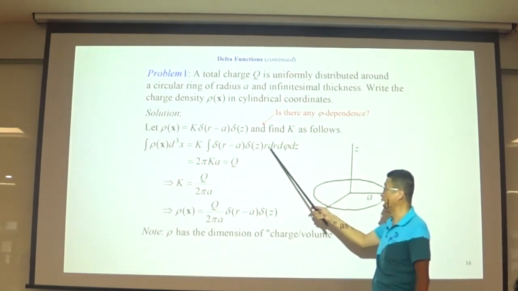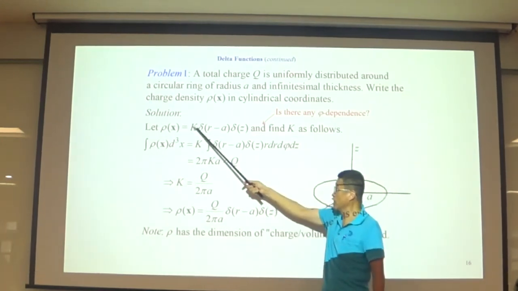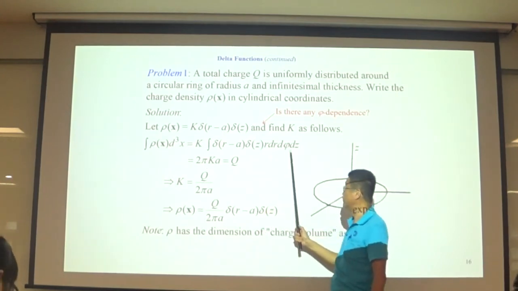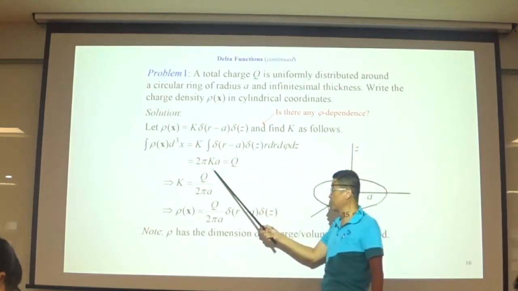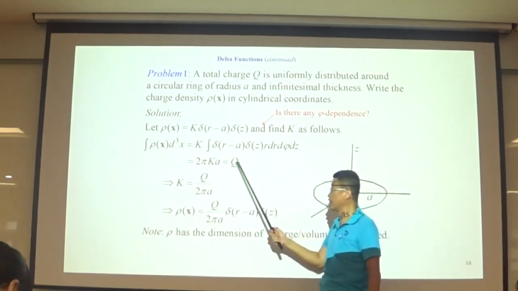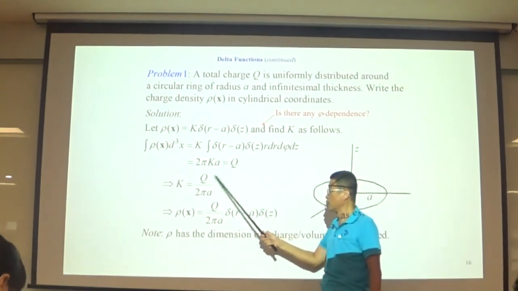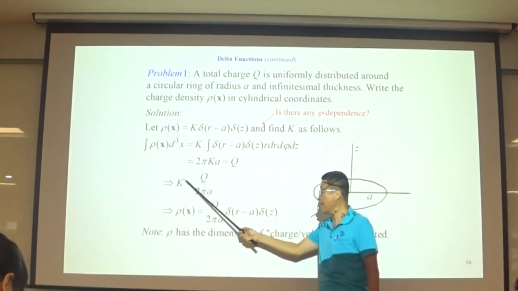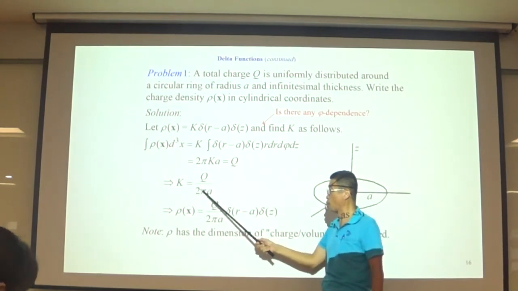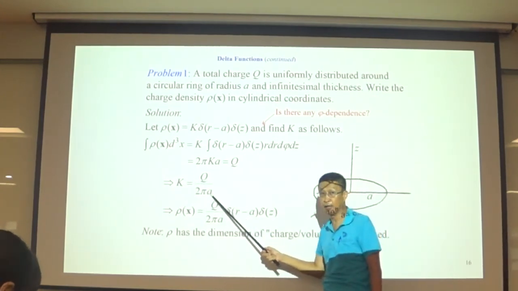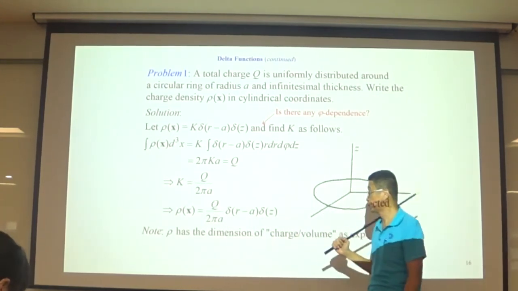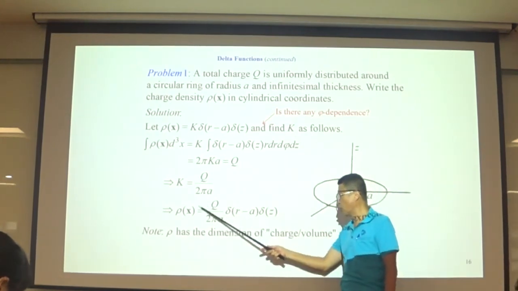So only a. So eventually k times 2 pi from phi, k from here, a from here equals Q. Therefore k equals Q over 2 pi a. Okay? So we know the coefficient is here.